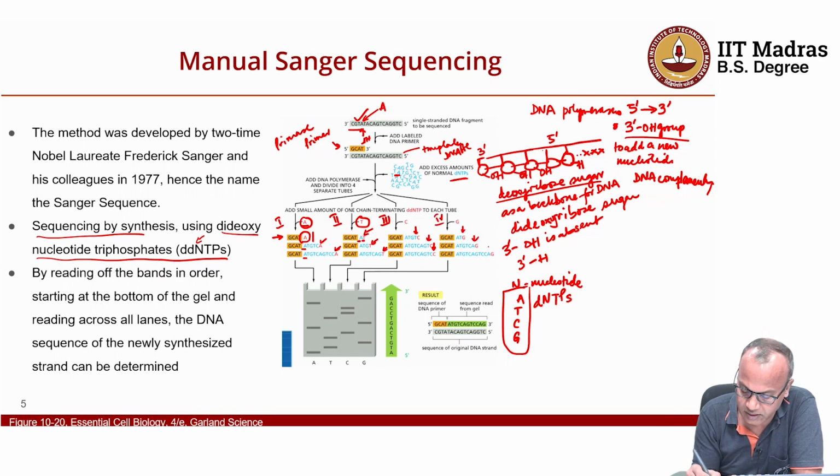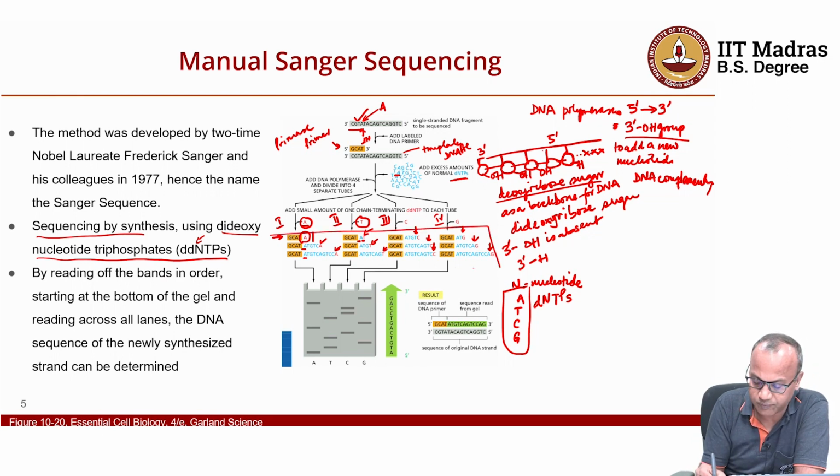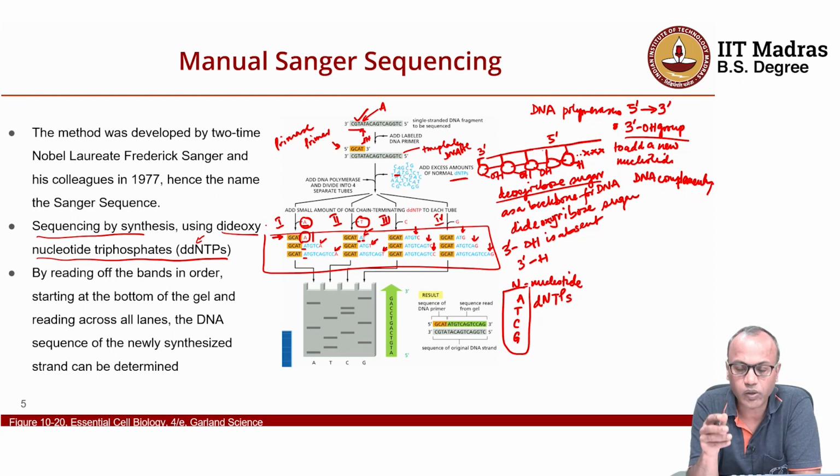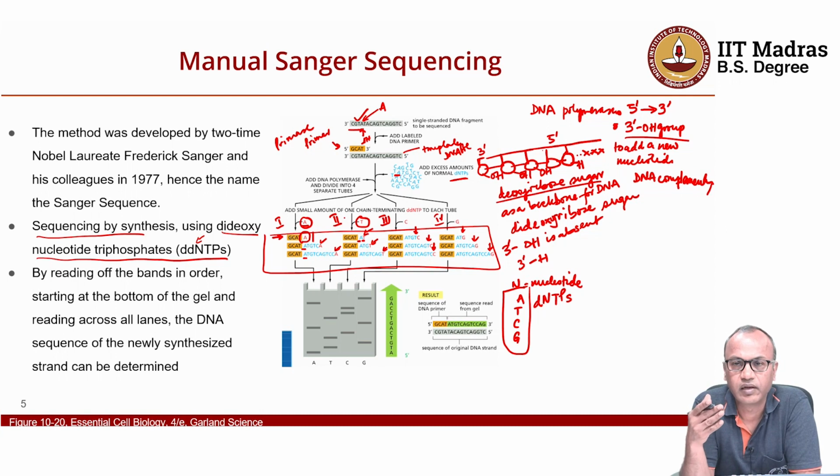So if you see this whole component of these sequences, right, what we are essentially doing is allowing the DNA polymerase to keep on extending till it encounters a ddNTP. And if all the polymerization that is happening in each of the tubes is random, we will get random insertions of these ddNTPs, and the sequence will be terminated at that point.